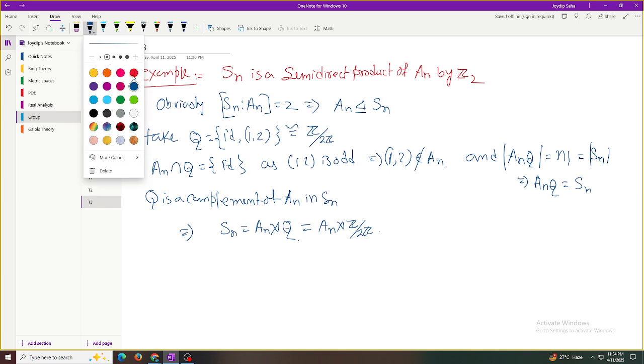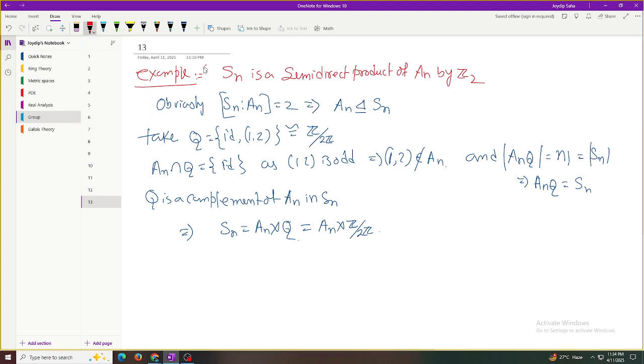Homework: D2n is isomorphic to Zn semi-direct product Z mod 2Z, where Zn means Z mod nZ. Okay.